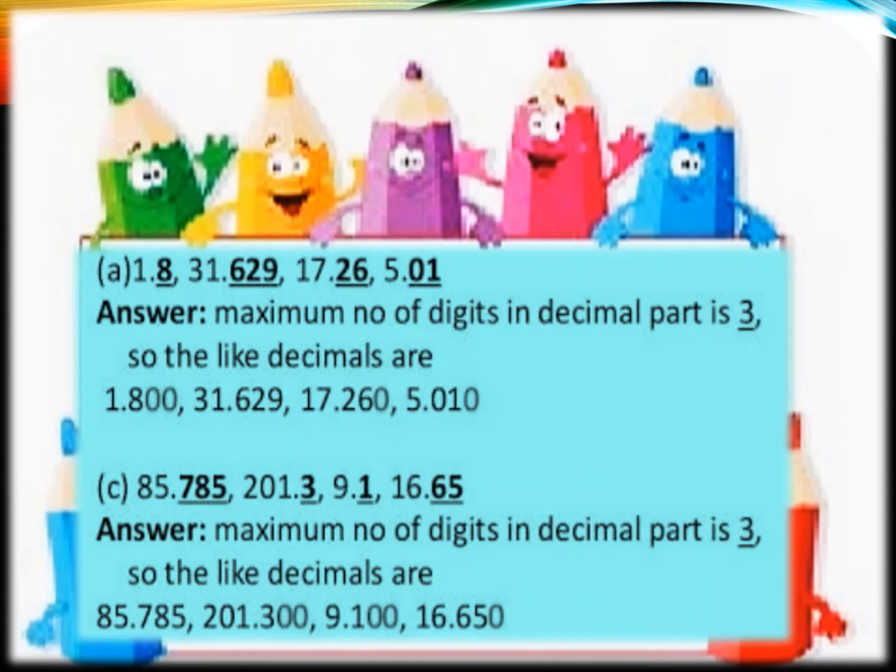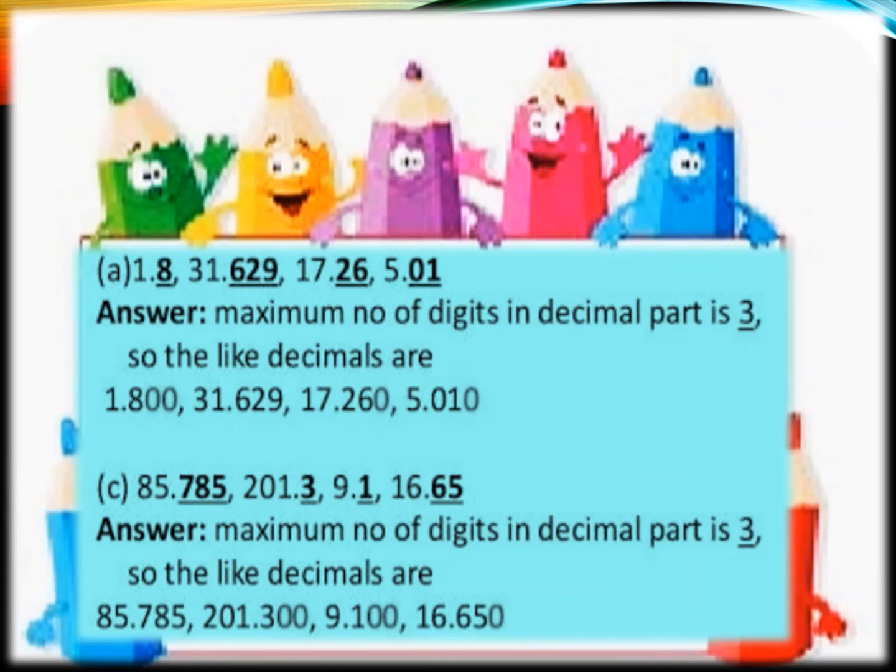Fine. Same as in another one also. 85.785, 201.3, 9.1, 16.65. The maximum number of digits in the decimal part is 3. So the like decimals are, check it with me, 85.785. 3 decimal places, this will remain the same. Next is 201.3.